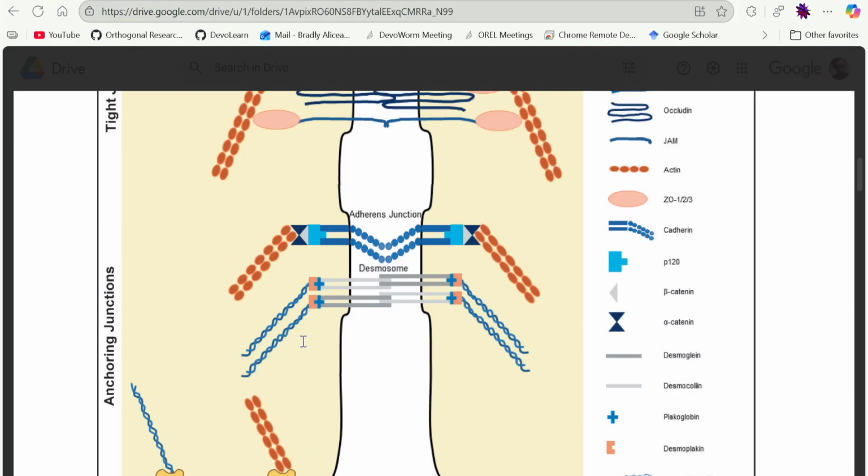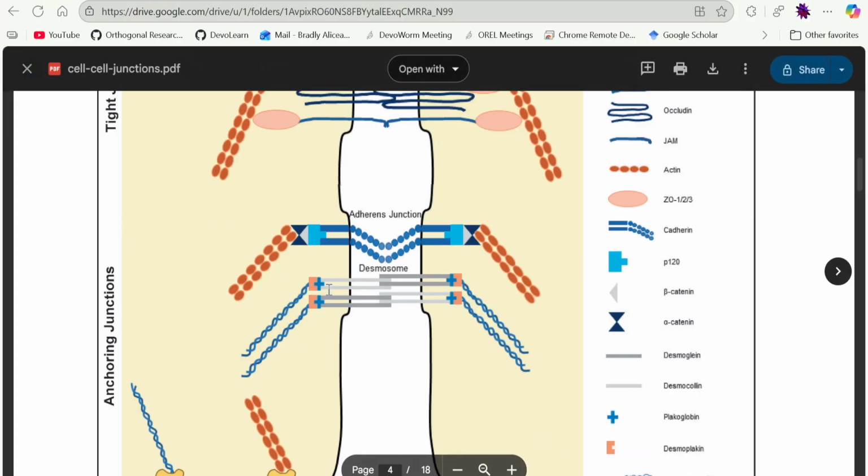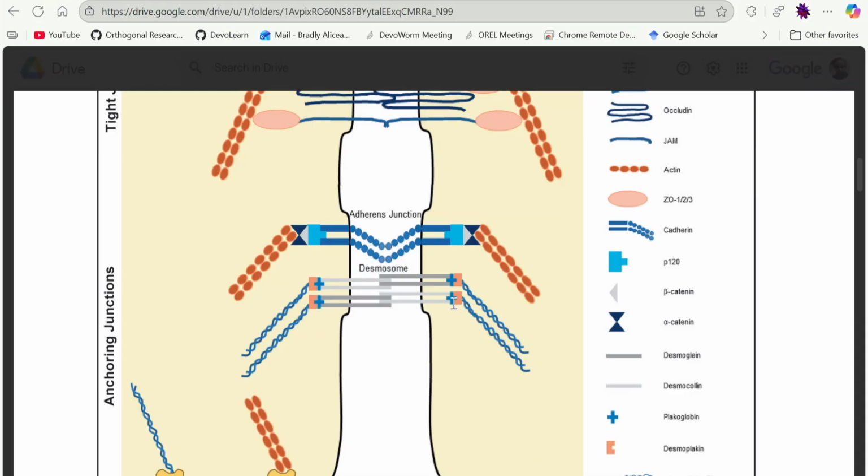So you have these cadherins, and then you have the desmoplakin molecules on the junction side. Then you have plakoglobin on the junction side. And then you have these other molecules, desmocollin and desmoglein, which form this junction where they look like they're sliding back and forth.